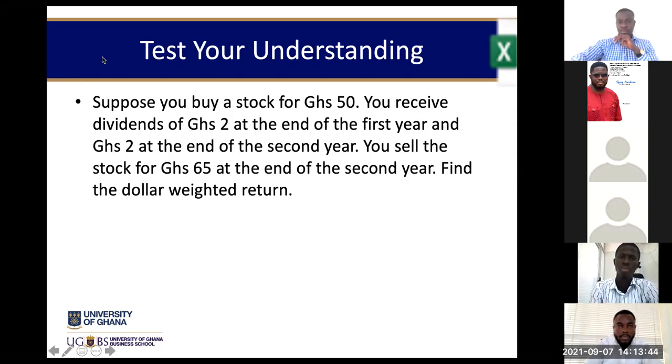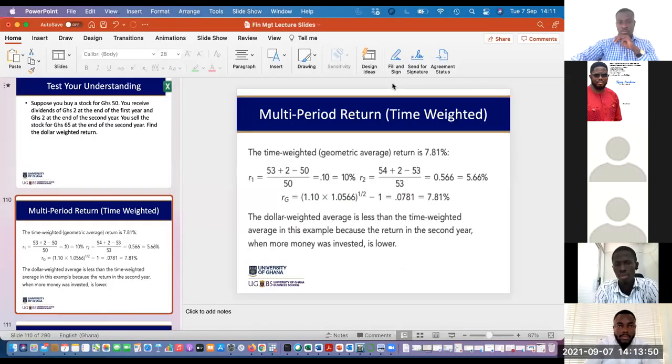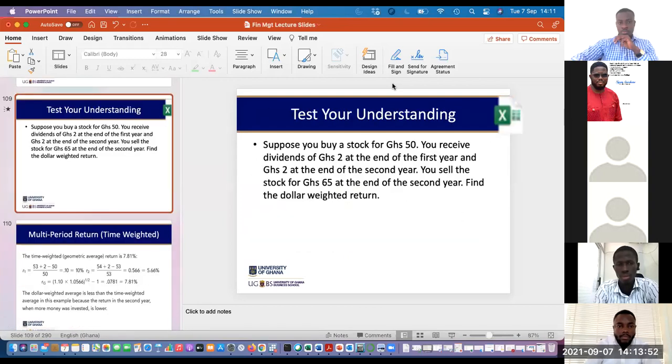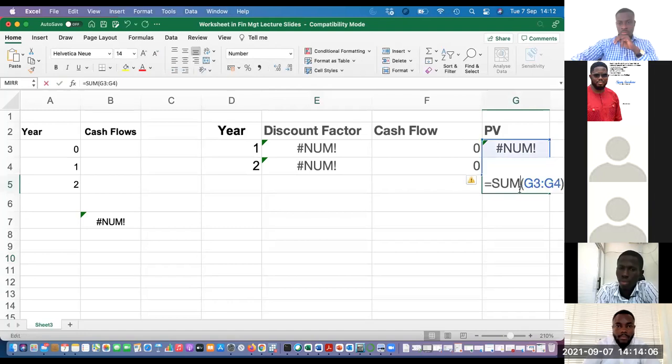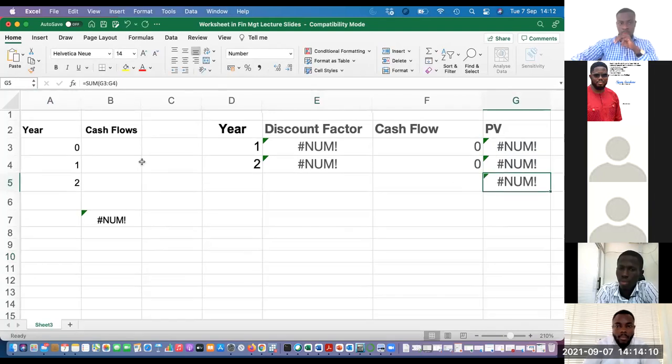And there are some things you should look out for to see if your answer is correct. If your answer is correct, you will get the same present value. As you see, there's this present value. And if your answer is correct, one indicator is that this will sum to your present value of 50. So look at the example that we did in class.